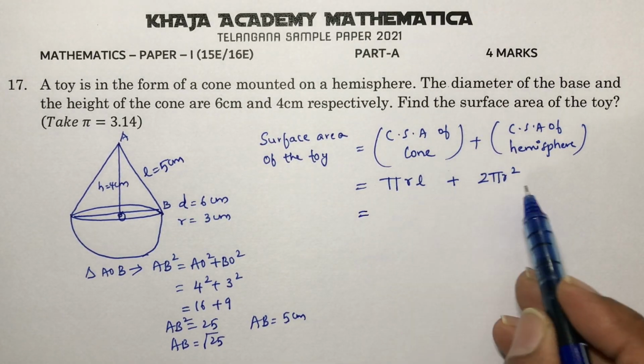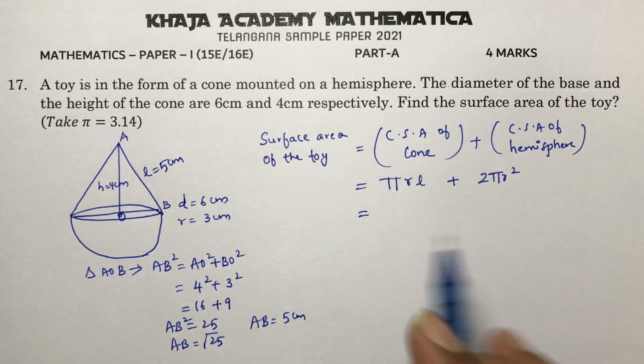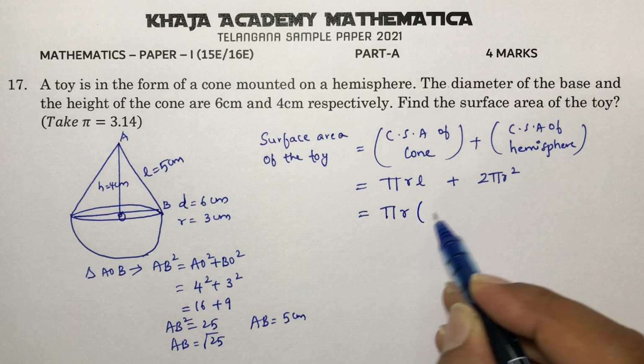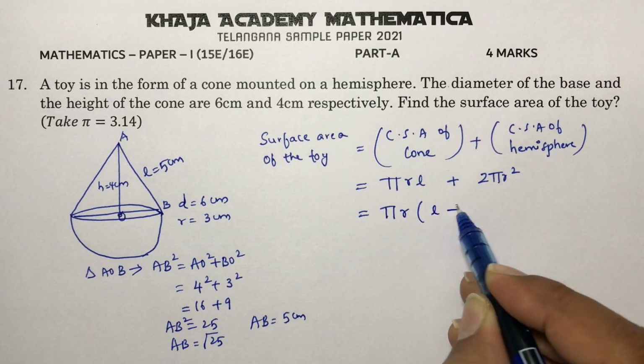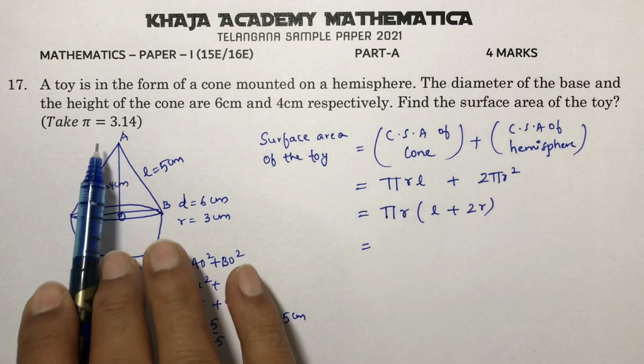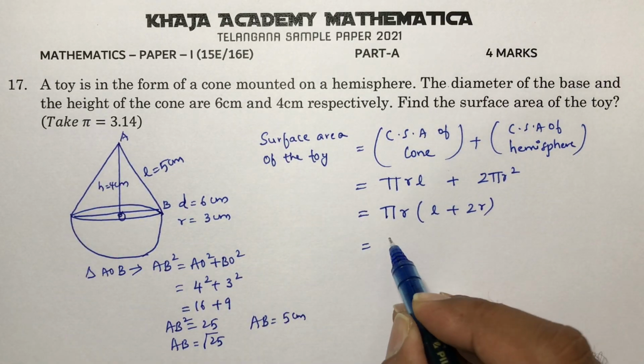Now you can substitute the values in this. You can make it simple by taking pi r common, because radius is same. Here it will be l plus, here 2r will be left. Pi, they told very clearly take 3.14.